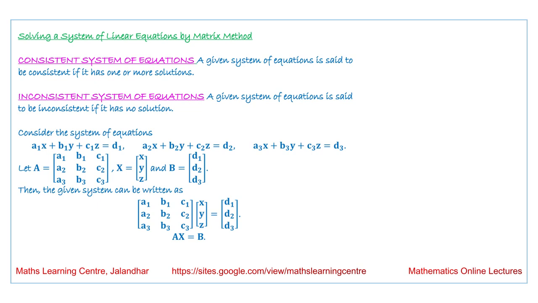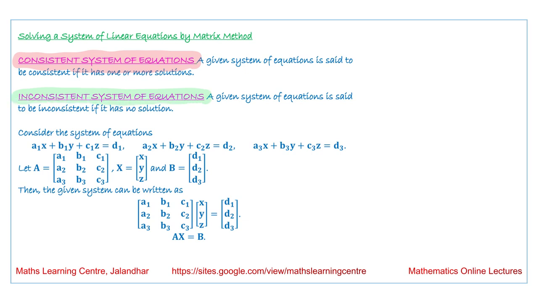Now next we have to solve the system of linear equations by the matrix method. So we have already seen these definitions in our previous slides: a system is said to be consistent if it has one or more solutions, that is, a solution exists, and it is said to be inconsistent if there is no solution.